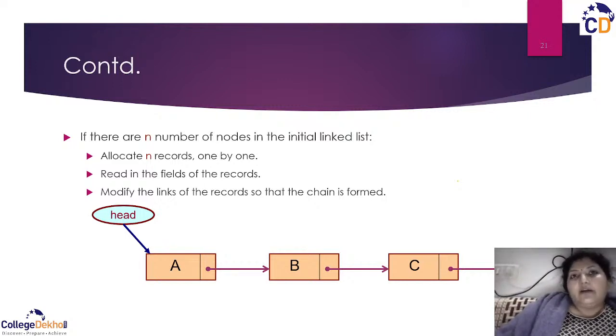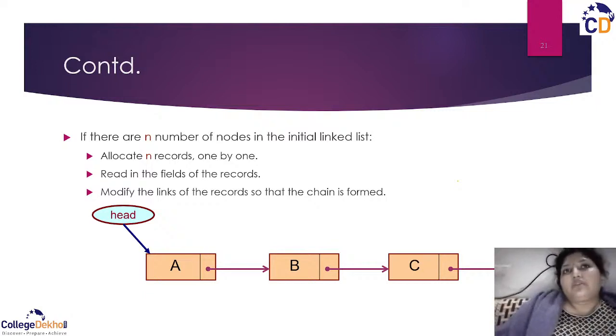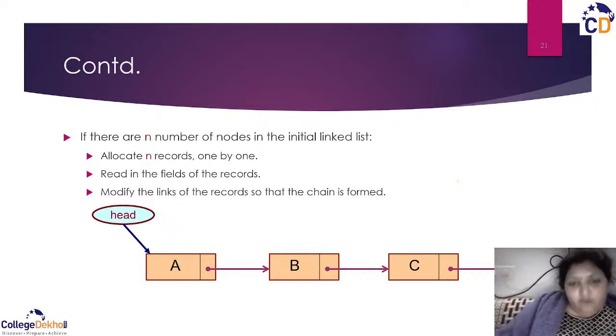So I think you have understood about the different operations that we can perform on a linked list, right? And what we cannot do, the disadvantage, is that we cannot have direct access to any element.